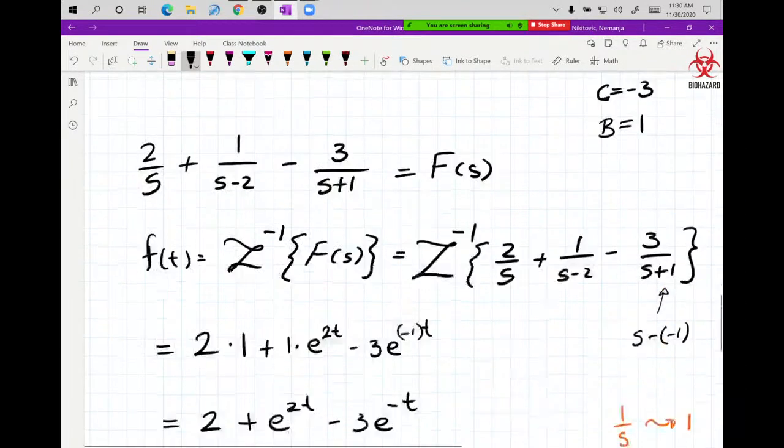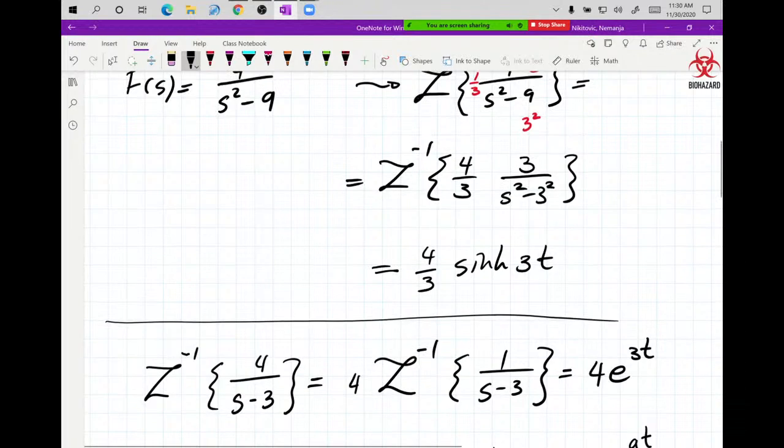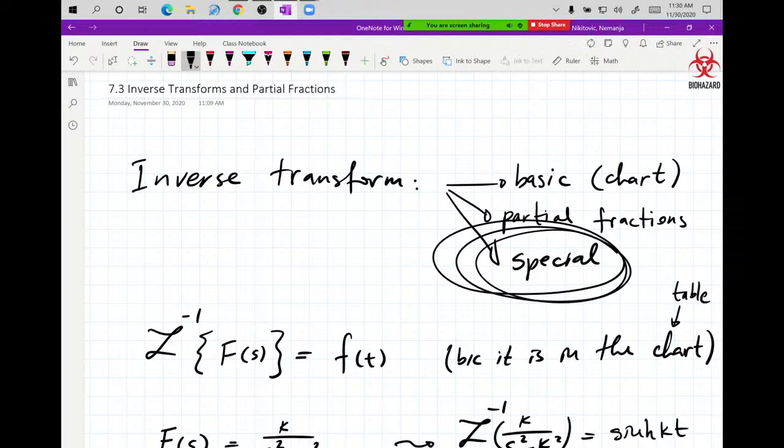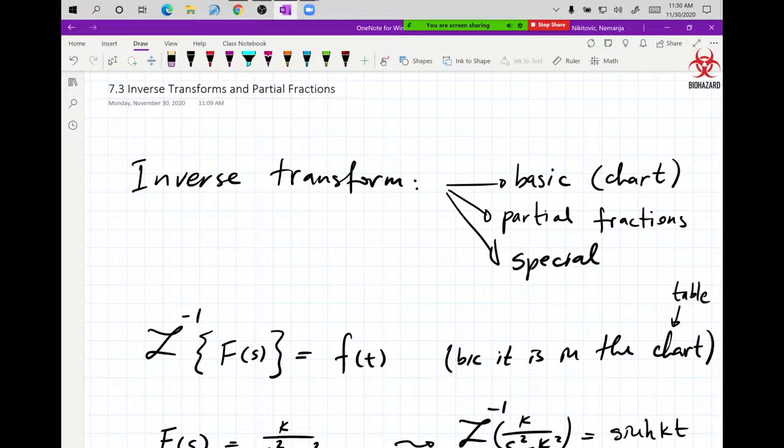Now remember, I also have that third one, but that's actually in the next section, the special stuff. Those are all the formulas that can be used backwards from our 7.4, which is in the next section. So the inverse transform is actually given over 3 sections.